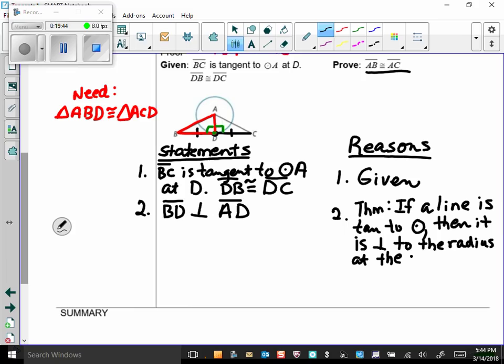That's a lot. Sometimes we just have to write a lot because there's no name for these theorems. If a line is tangent to a circle, then it's perpendicular to the radius at the point of tangency.